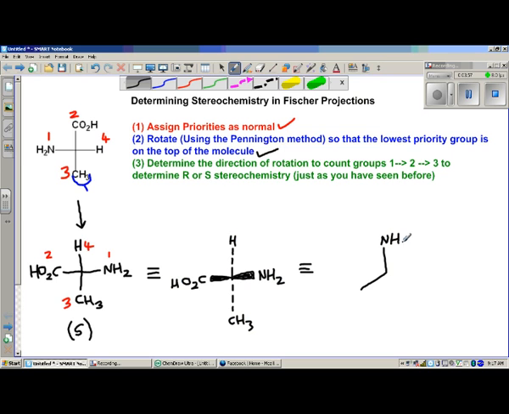I'm going to put the NH2 up on top here. We'll put the CO2H here. And if you can see, this is exactly why we move things so that lowest priority group, the hydrogen, goes on top, because that ends up being this group here.